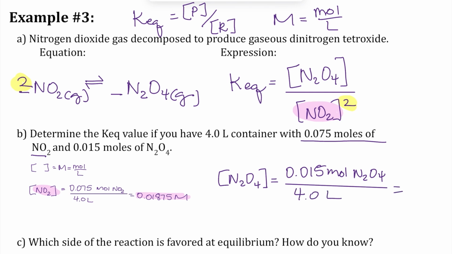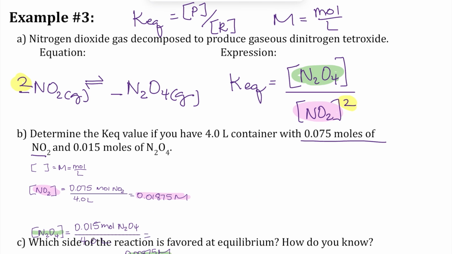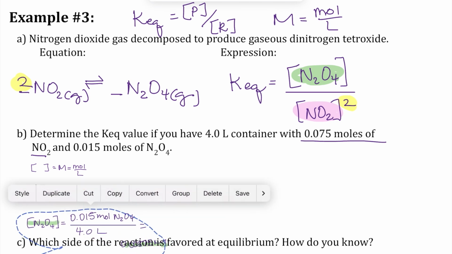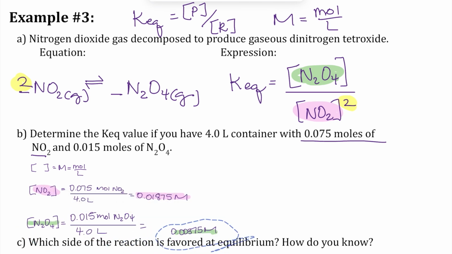And so then we can find that concentration, which is 0.00375 molar. And that's what we can plug in for that concentration at the top. So we might have to find concentrations. We know how to find concentration in terms of molarity from our solutions unit, and gases do count as solutions. And then we can go and plug those in.